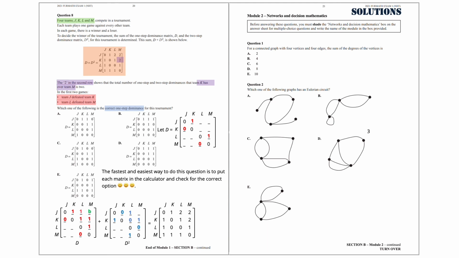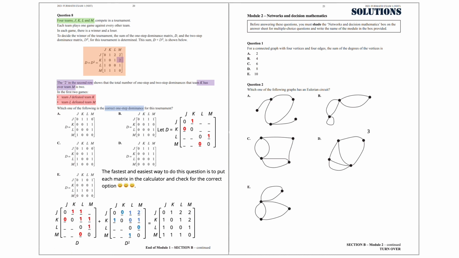Therefore, A must be equal to 1. Now let's multiply the elements in row 1, column 4, and that gives us 0 times B plus 1 times 1 plus 1 times 1 plus B times 0 equals 2. B plus 2 must be equal to 2. Therefore, B must be equal to 0.